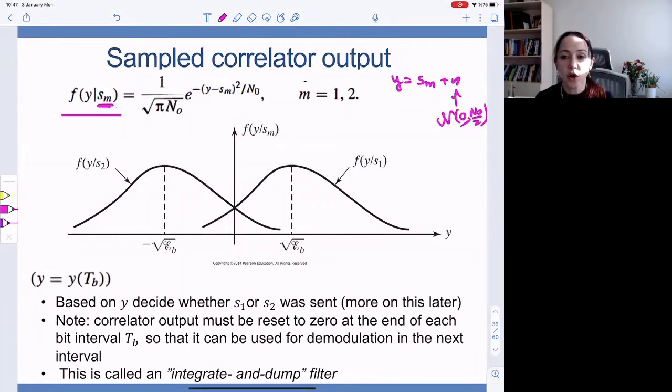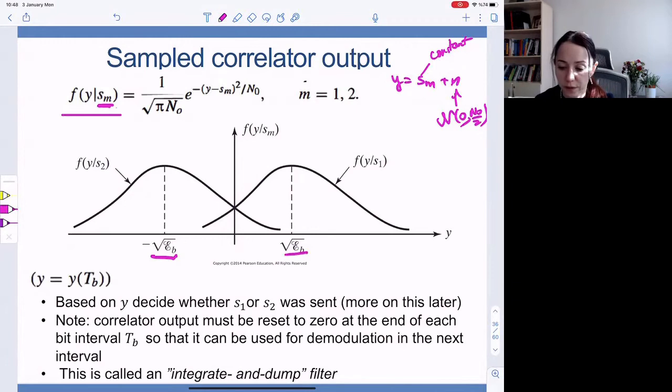Okay, so when I shift a Gaussian, this is a constant. It is either equal to square root of Eb or negative square root of Eb. You know very well that when you take a Gaussian and add a constant to it, the PDF gets shifted such that it is centered around that constant rather than being centered around 0.